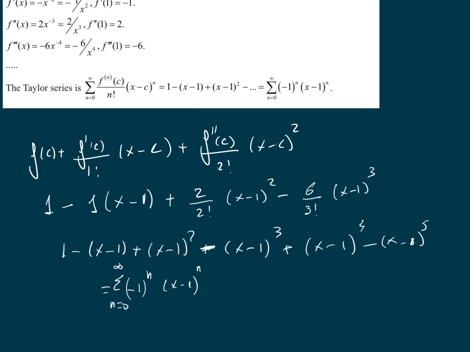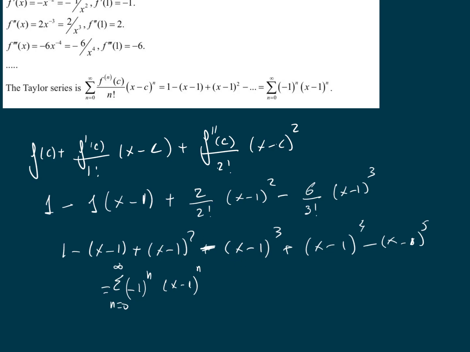When n equals 1, minus 1 to the 1 is minus 1, so minus x minus 1 raised to the power 1 appears. When n equals 2 this term appears. When n equals 3 this term appears with the minus sign, because minus 1 raised to the power 3 is minus 1. That's why this minus sign appears. So the alternating series is 1, minus x minus 1, plus x minus 1 squared, minus x minus 1 cubed.